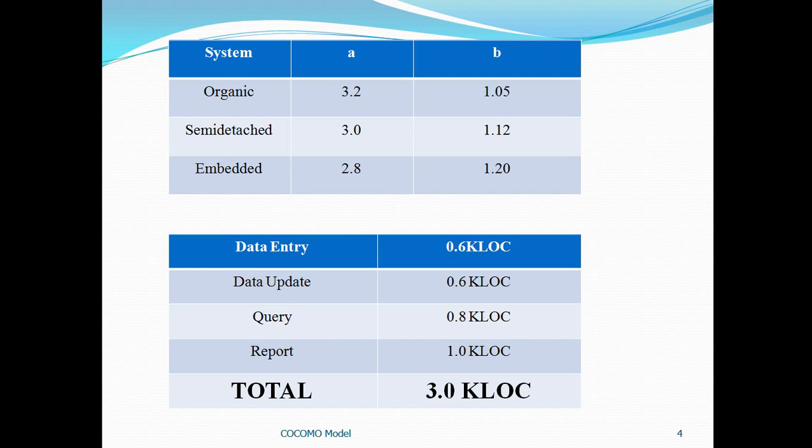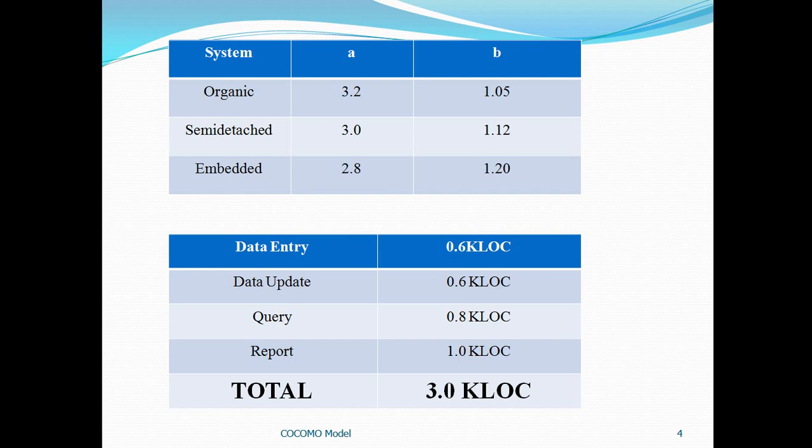In the first table, three types of systems are there: organic, semi-detached and embedded, and the values A and B are given. The A value for the organic project is 3.2 and the B value for the organic project is 1.05. Similarly, for the semi-detached project, these three are not similar projects, and the values change based on the project complexity and type.